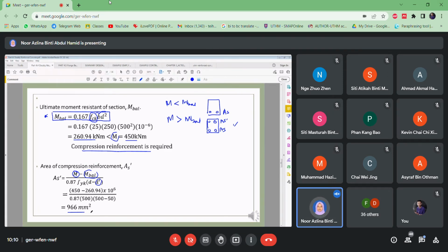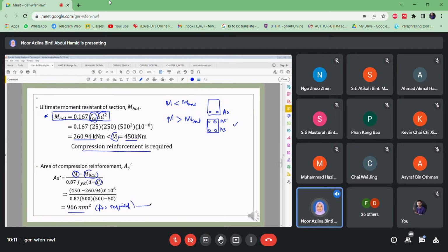So 966 in area. Okay, power of 2 here. So how many numbers of reinforcement should be equivalent to the 966? What the diameter? So you need to refer to the table for the area of reinforcement. So this AS here, I can say this is the AS required. Okay. This is AS required.